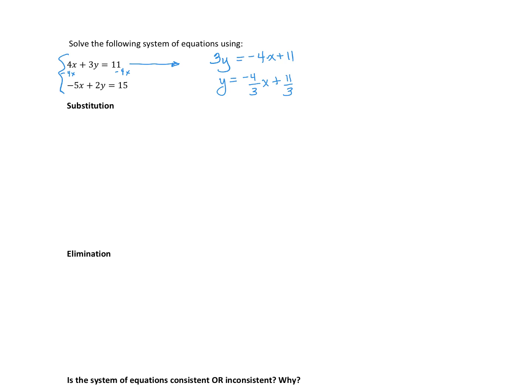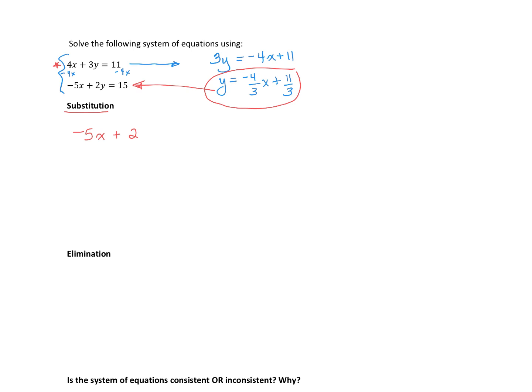Okay. So if this is what y is equal to, and it came from this first equation here, for substitution, I want to substitute it into the other equation. So that's going to look like this. Minus 5x.